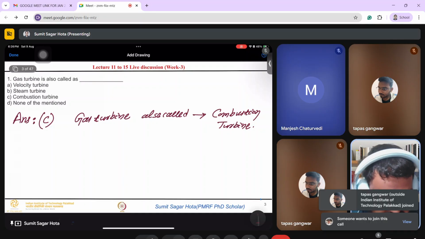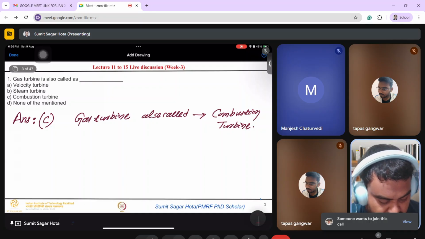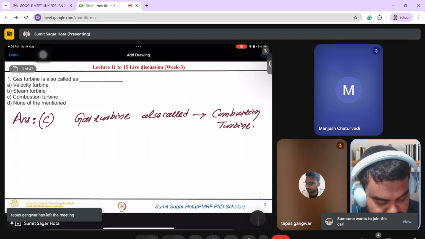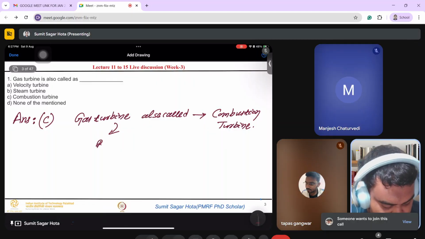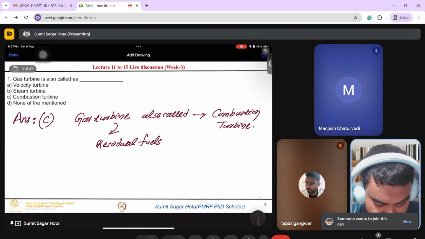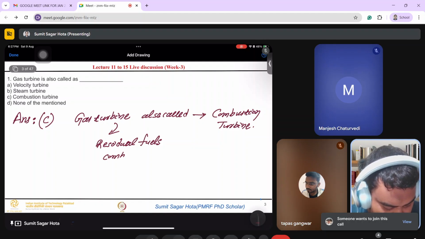So sometimes gas turbines are also called combustion turbines because some residual fuel is combusted.